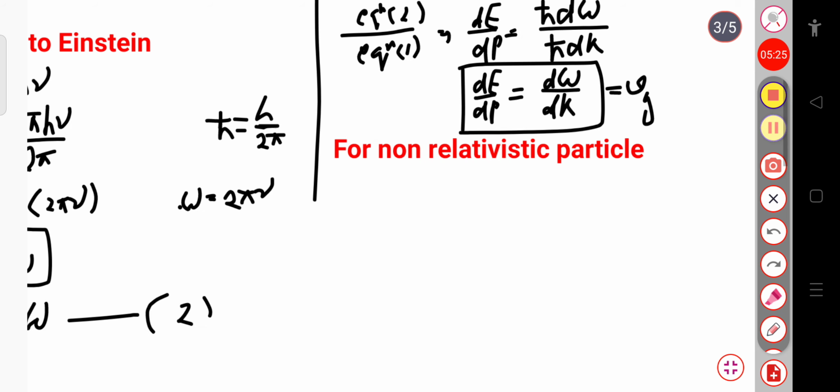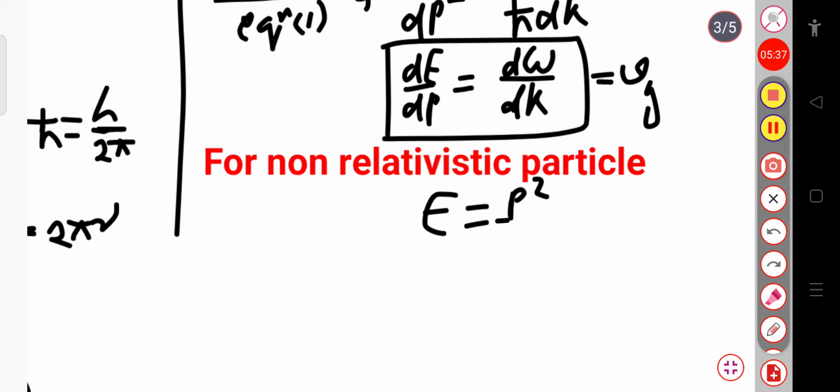But for a non-relativistic free particle, we can write the total energy equal to p square divided by 2m. Now dE by dp will be equal to 2p divided by 2m.